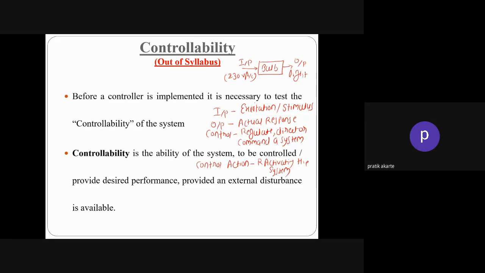So a control system in all must have an input, an output, and an arrangement of subsystems to achieve the input-output combination.